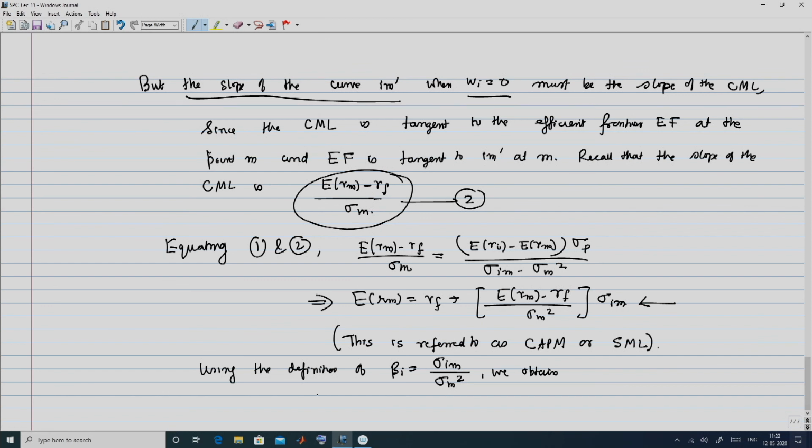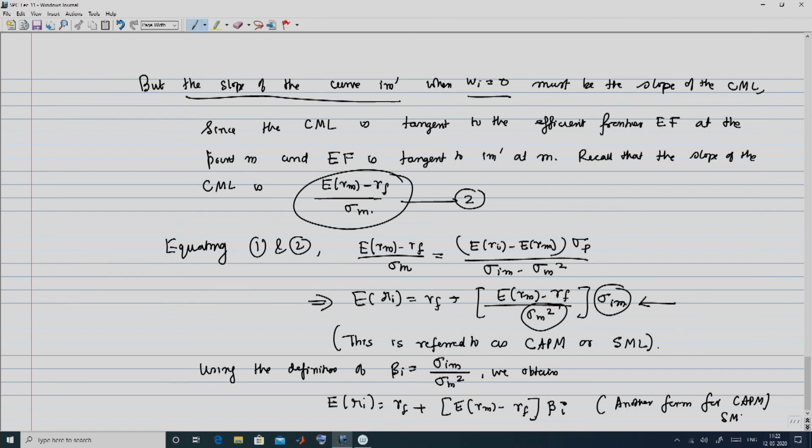From this relation, we get E R I, please make this correction, is equal to R F plus E R M minus R F, which is the market premium, into this term sigma I M over sigma M square. I will represent this with beta I, which is another form of the CAPM or the security market line.